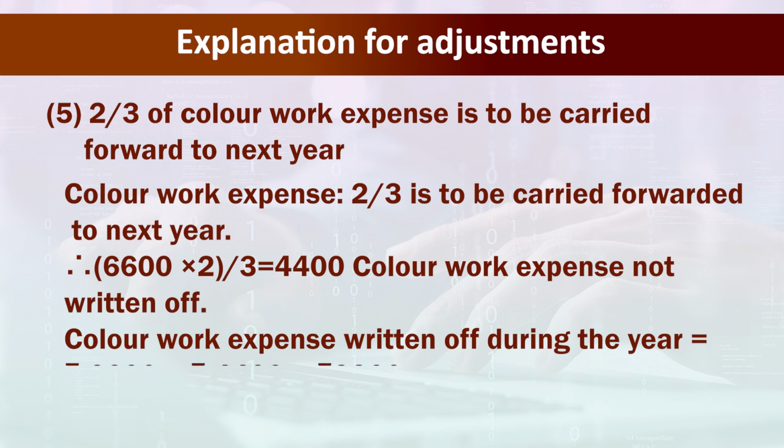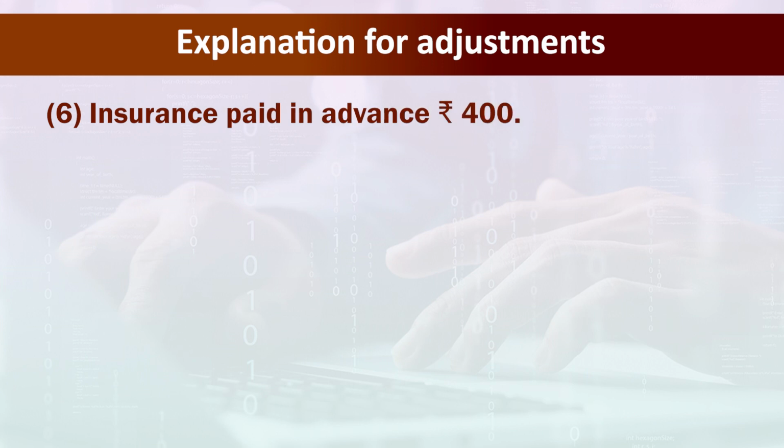This is color expenses not written off. The color work expenses written off during the year is calculated as rupees 6,600 minus rupees 4,400 amounting to rupees 2,200. Sixth, insurance paid in advance of rupees 400.